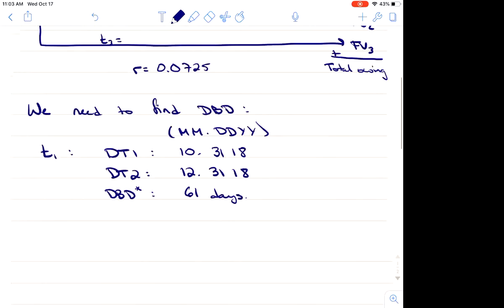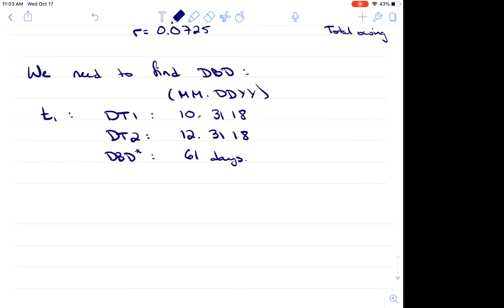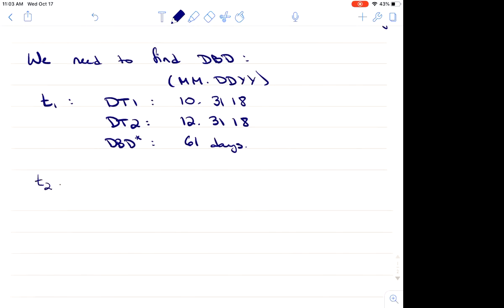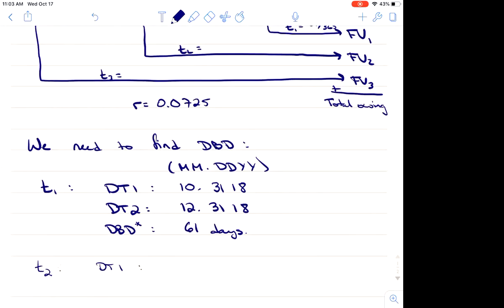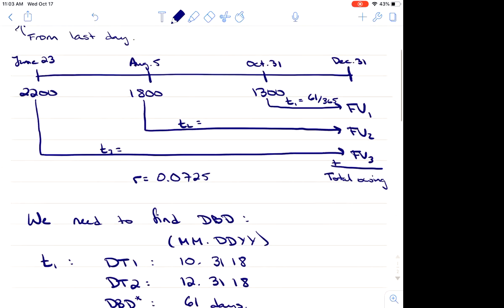So now, to find T2, same thing. Date 1 in the format month, month, dot, day, day, year, year, is going to be August 5th.